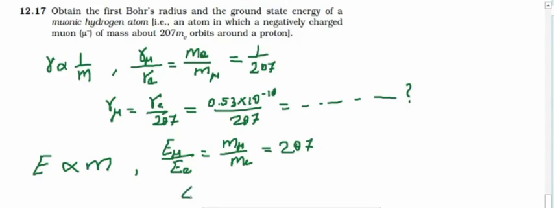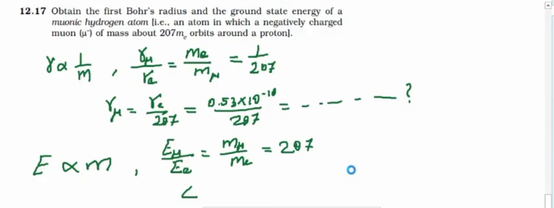So from there you can find the value of energy E mu. E mu is equal to 207 times the energy of electron.